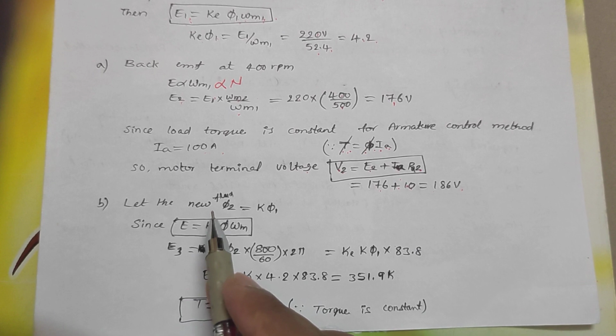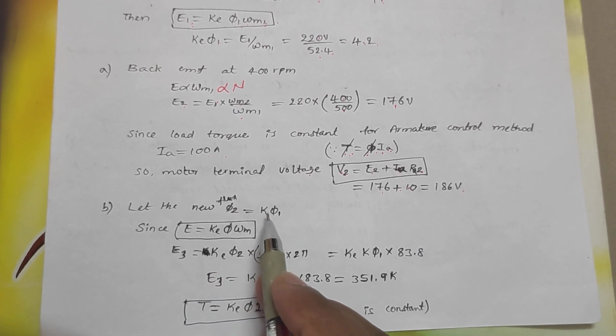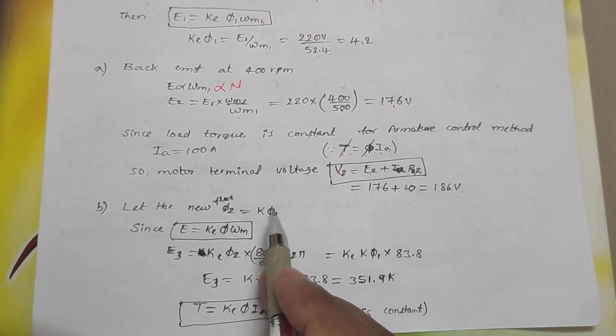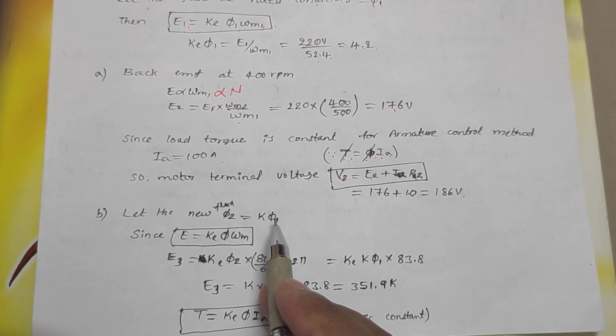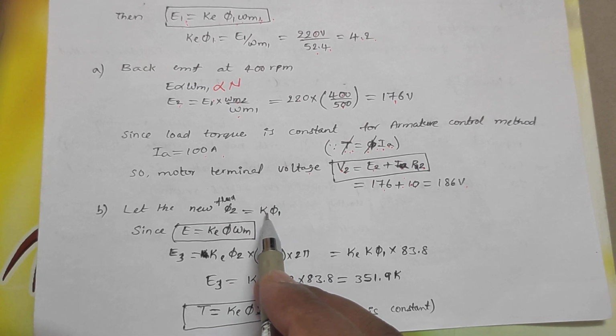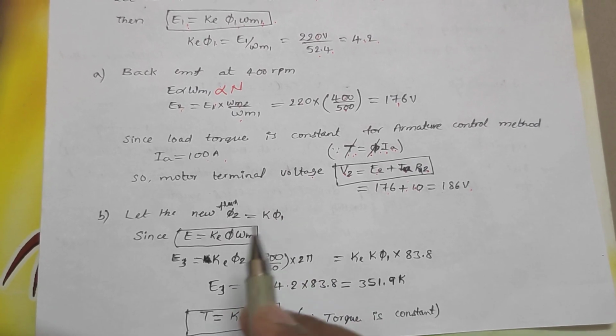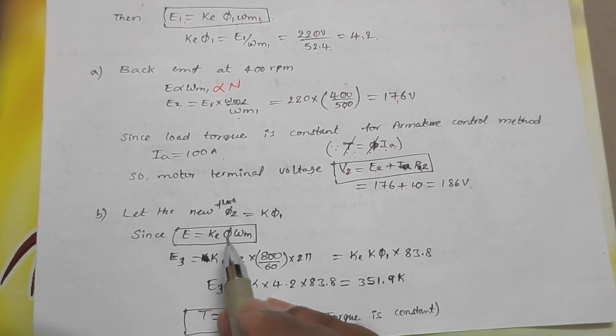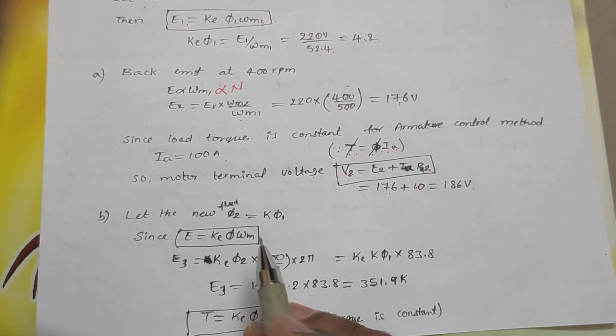Let us assume that the new flux phi 2 is equal to K into phi 1. Initially we assume that phi 1 is the rated flux. So your new flux is equal to K times phi 1. So what is E? E is equal to Ke phi into omega m.